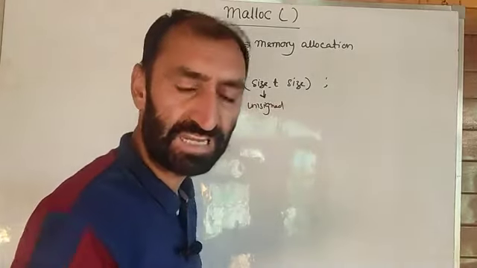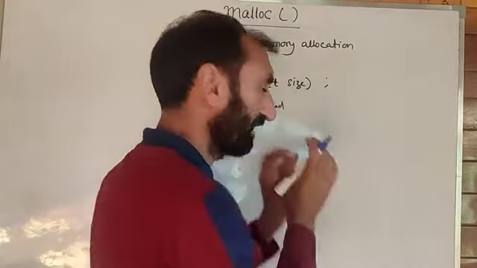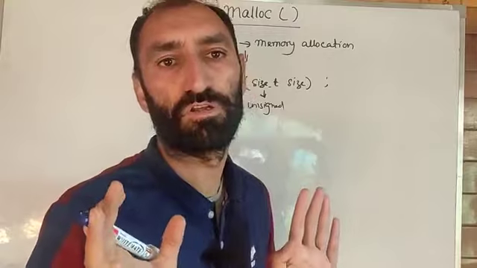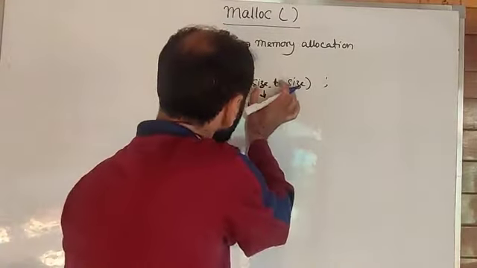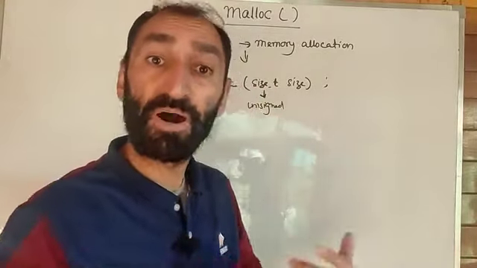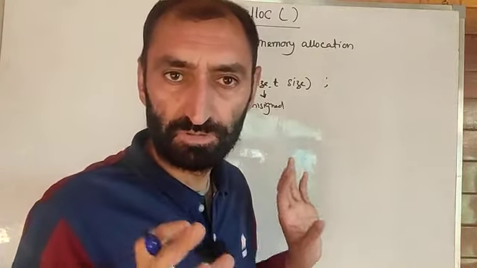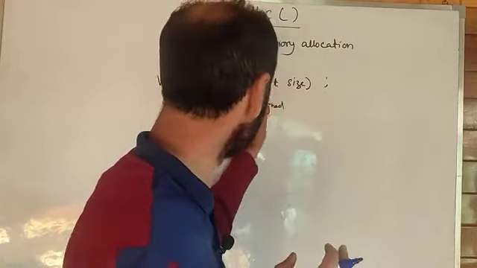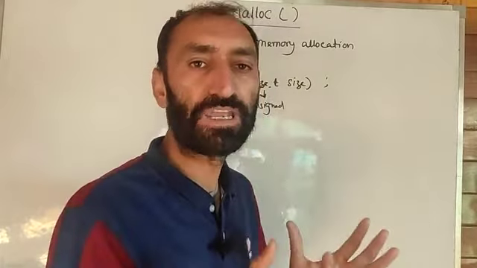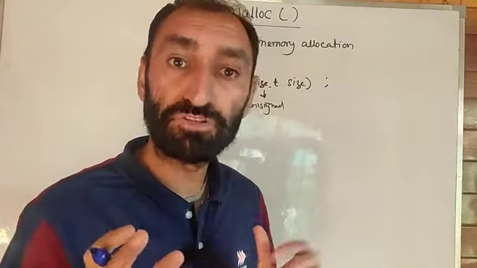That means it can take either 0 or a positive value. We cannot request a negative value because memory cannot be negative. That means the size of the memory that you want to allocate must be a positive value.